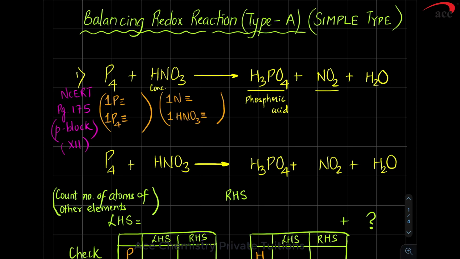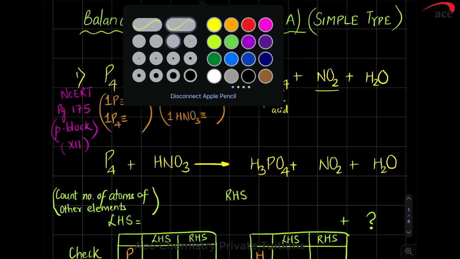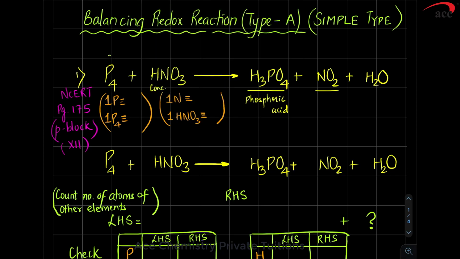To balance it, we require oxidation numbers. The oxidation number of phosphorus in elemental state is 0. And if you find the oxidation number of phosphorus in phosphoric acid, it goes to +5.